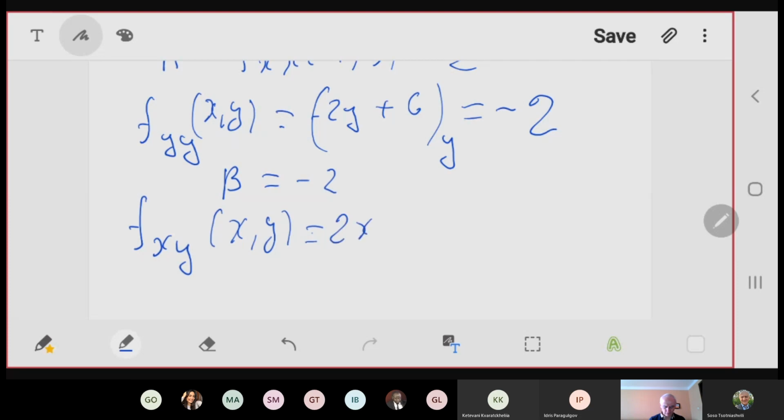So we have 2x plus 2 and the derivative of this 2x plus 2 with respect to y. What is it? It is 0.